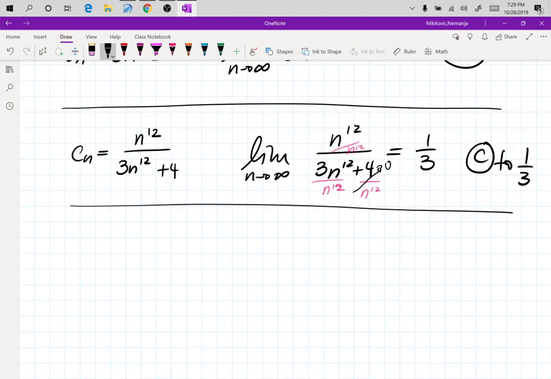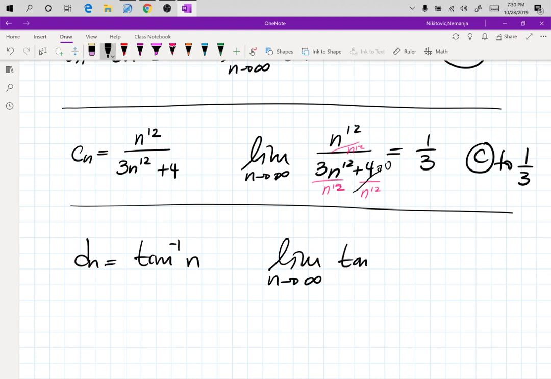Let's say d_n is equal to tangent inverse of n. The limit as n goes to infinity of inverse tangent of n. Remember how I drew this function the first day?